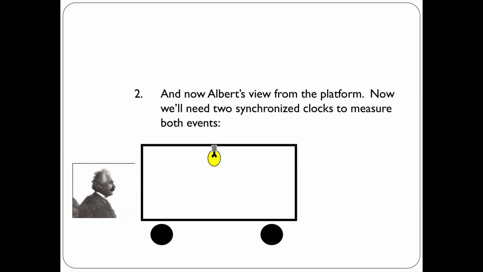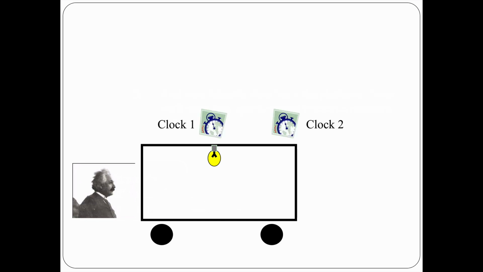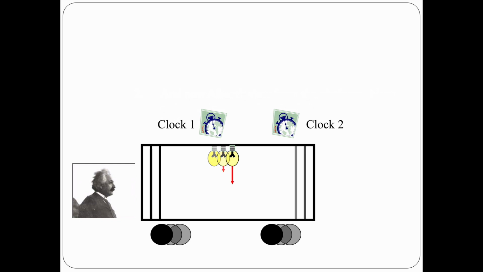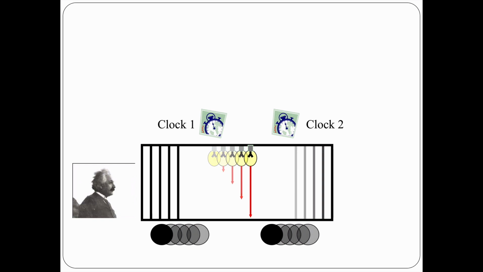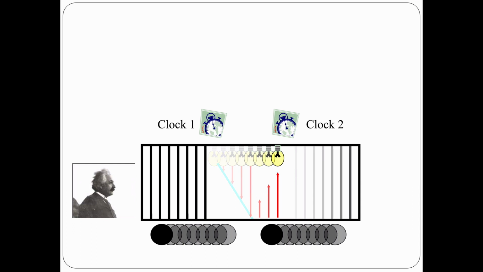Because the train is moving now, if we're very careful, we actually have to have an array of clocks that are measuring things. We have basically rulers and clocks all over the place, right? As the train moves, the light starts heading down. You can see that the light is actually now traveling a slanted line, hits the floor, reflects back up.